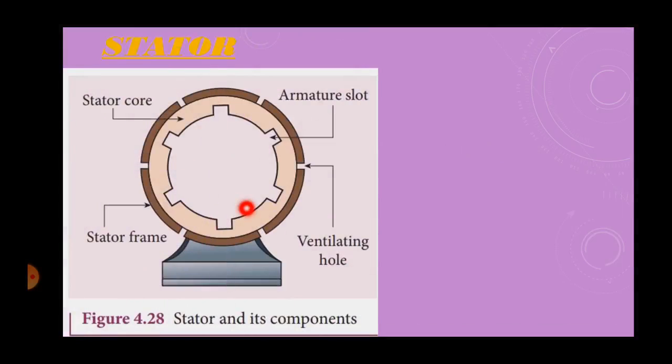Now see, this is the stator frame. The frame of the stator has a large number of ventilation holes, so good ventilation is provided for the armature coil. This is called a ventilation hole.